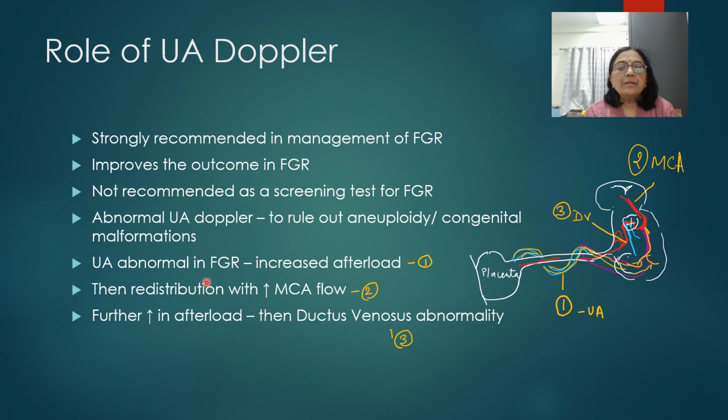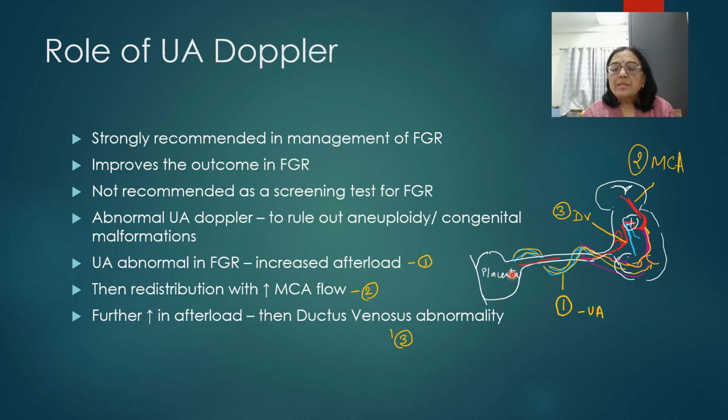Now, why is umbilical artery Doppler abnormal in fetal growth restriction? As we can see in this diagram, whenever there is a placental resistance, what it leads to is an increase in afterload, that means over the heart. From the aorta, the umbilical arteries are draining to the placenta.